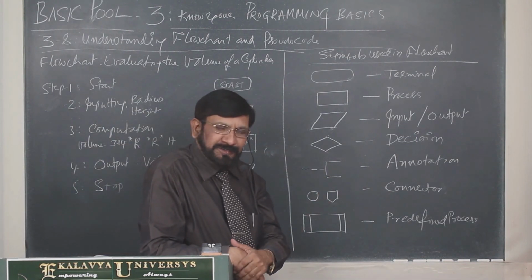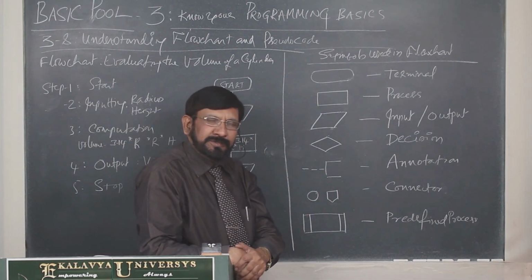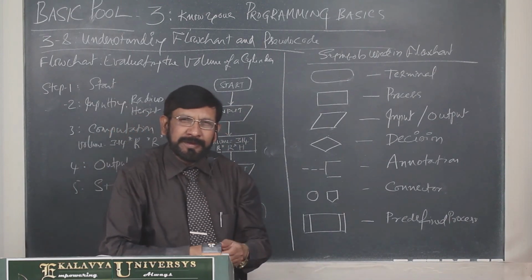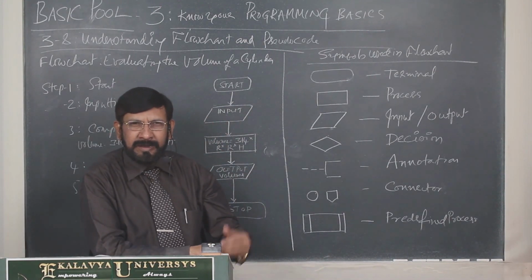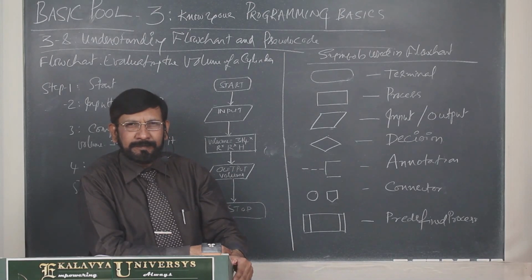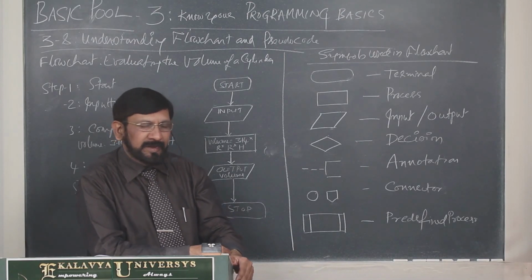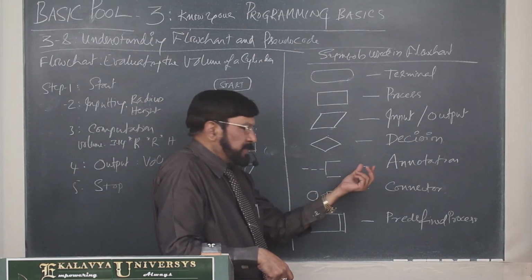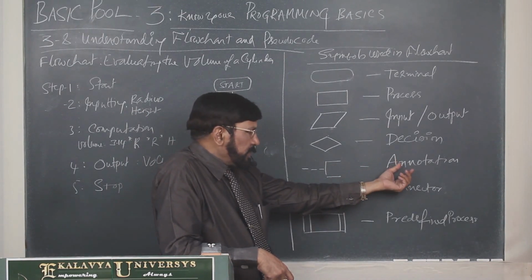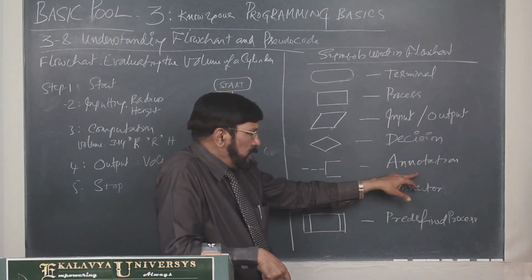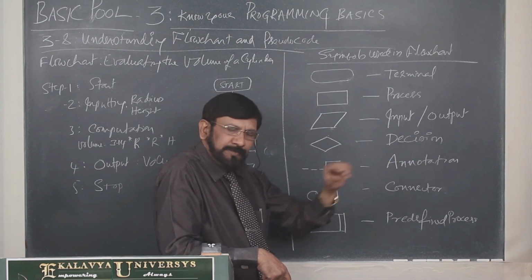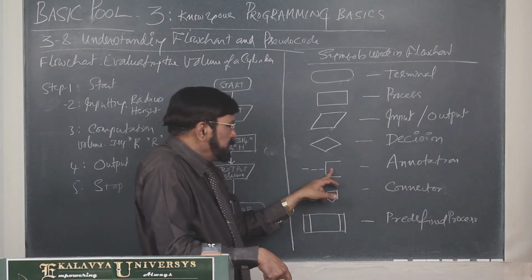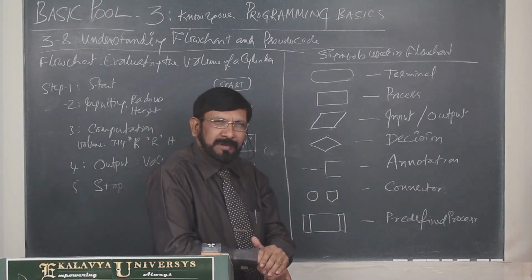Thereafter, annotations. In certain situations, you have to comment descriptively. Without comments, people cannot understand what is going on and what to do. Wherever you have to insert descriptive comments, you use these symbols.